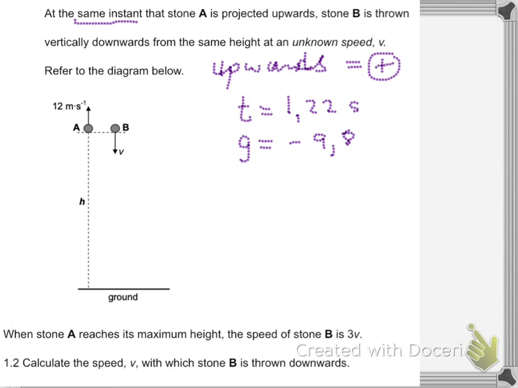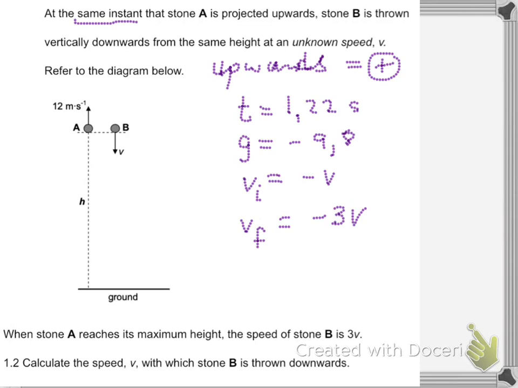We have the initial velocity, which is downwards, and that is minus v. And we've got the final velocity, which is also downwards, minus 3v. That's all the stuff that we have.